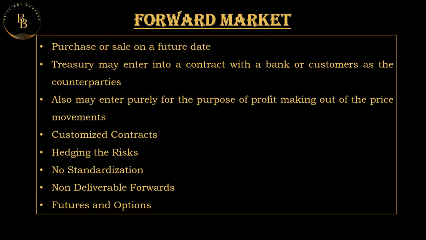The hedging of the risk: it is mainly used for hedging. Businesses often use these forward contracts to hedge against future price movements, mitigating the impact of currency fluctuations on the finances. So, what is hedging? Hedging is a way to protect yourself from a loss.